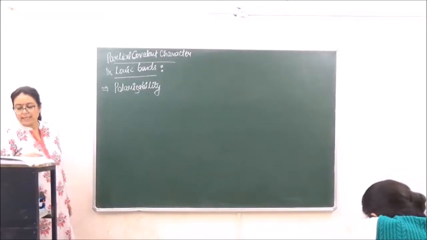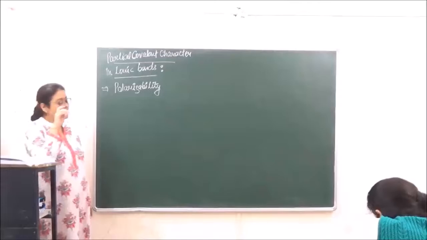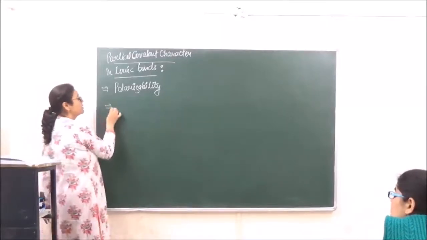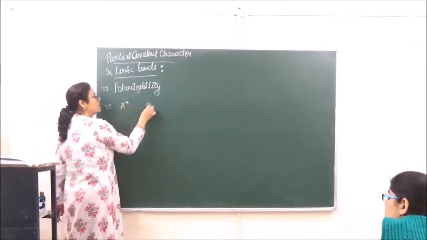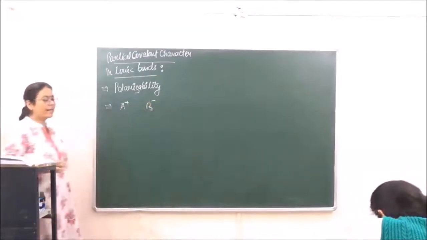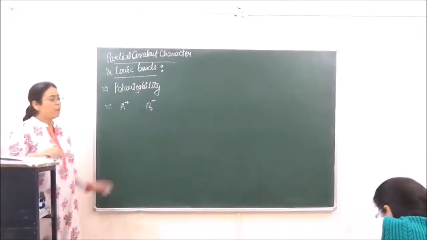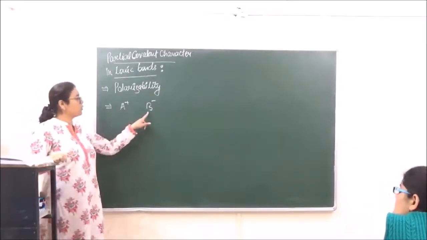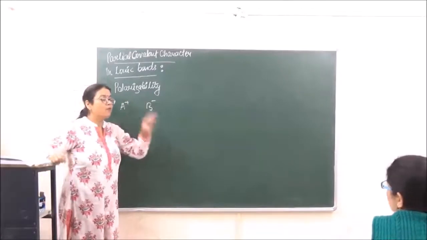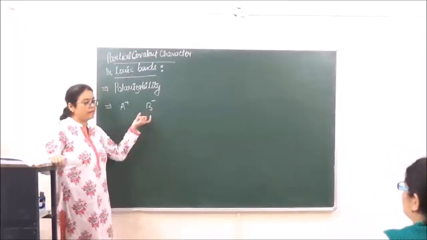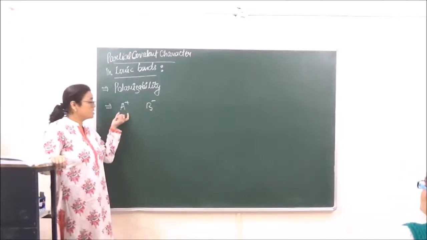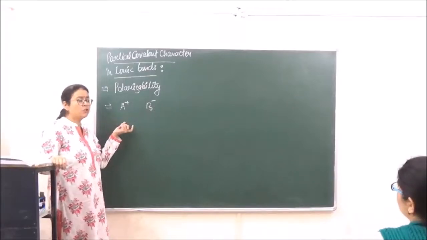What do we understand by polarizability? Now we say that when two oppositely charged ions, that is, a cation and an anion, are brought together, the positive charge is going to attract the outermost shell of the anion, because the positive charge is deficient of electrons.